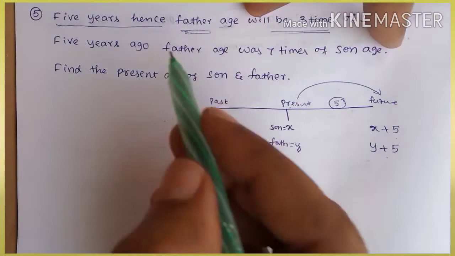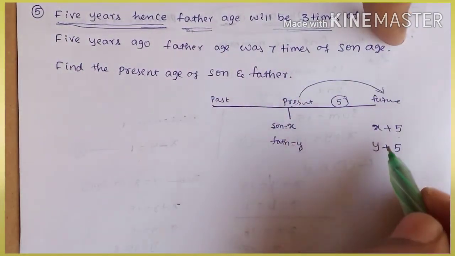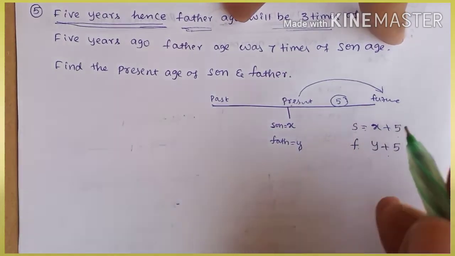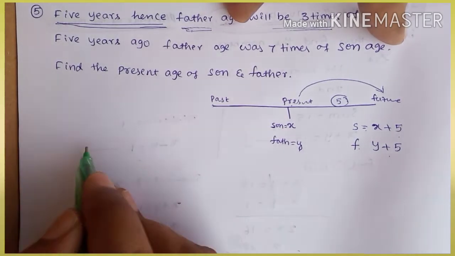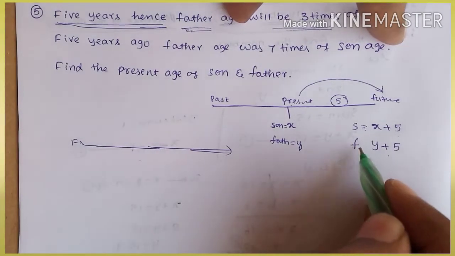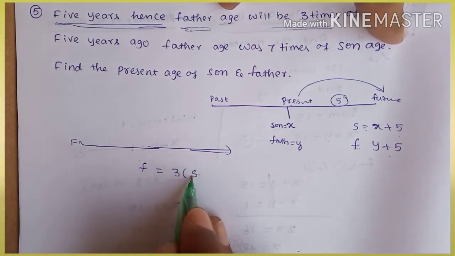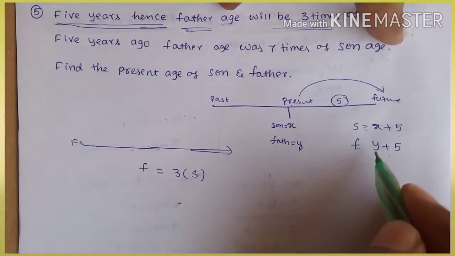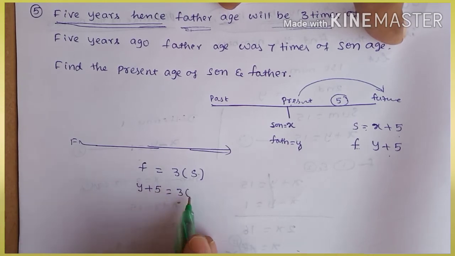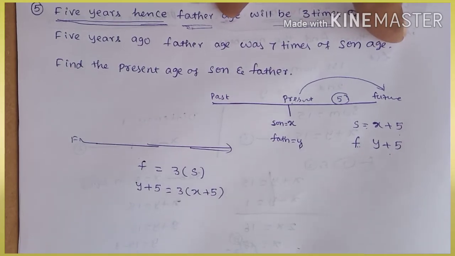According to the given statement, 5 years hence the father's age will be 3 times the son's age. That is the first condition that we have to write. Father's age is 3 times the son's age. What is the father's age here? y plus 5 is equal to 3 times the son's age, x plus 5.